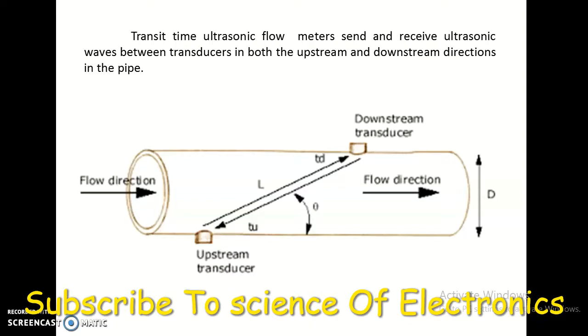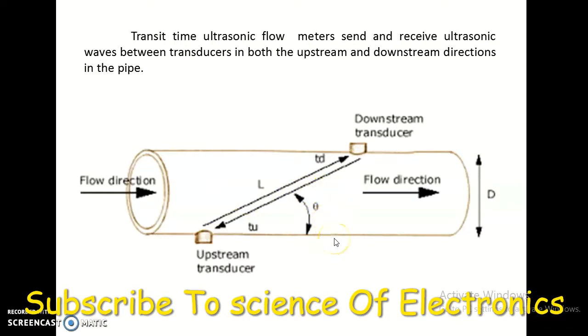We transmit the ultrasound signal back and forth between two sensors. Here we can see the upstream sensor, and here the downstream sensor or downstream transducer. These piezoelectric sensors are located outside of the pipe on either side, at a particular angle with the axis of the pipe.